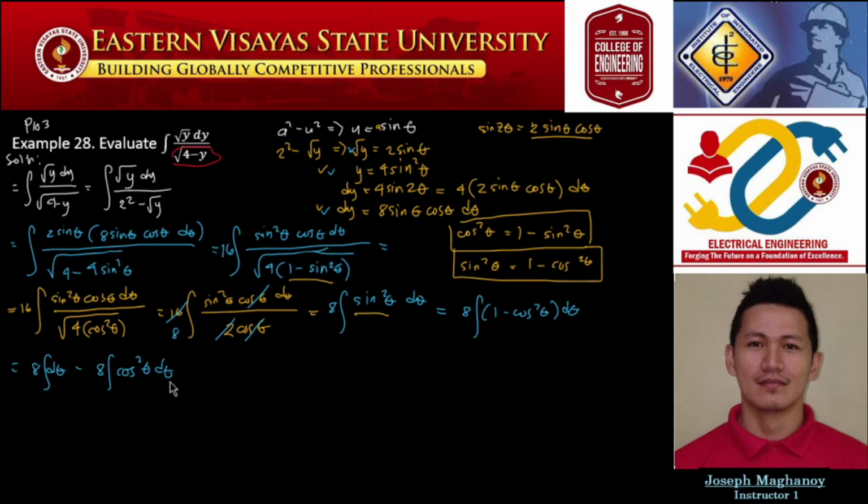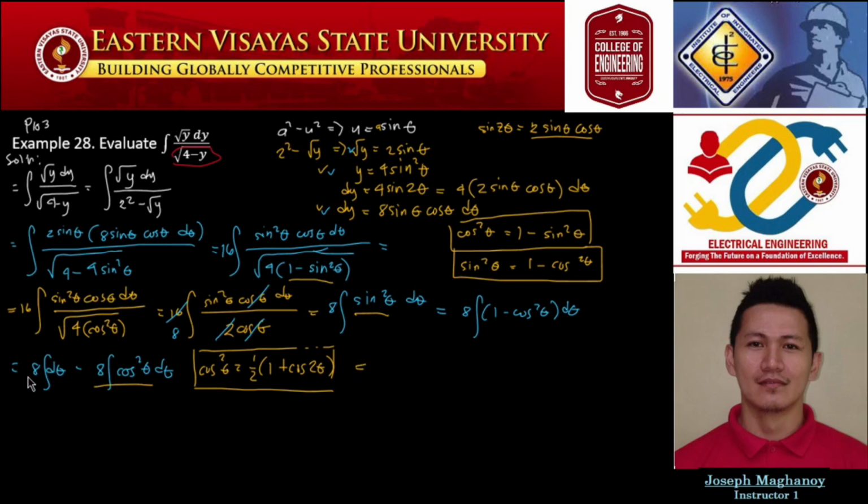Again, we have an identity for our cosine squared. We can use cosine squared theta is equal to 1/2 quantity 1 plus cosine 2 theta. So we can use this identity in our second term. Okay, so we rewrite.